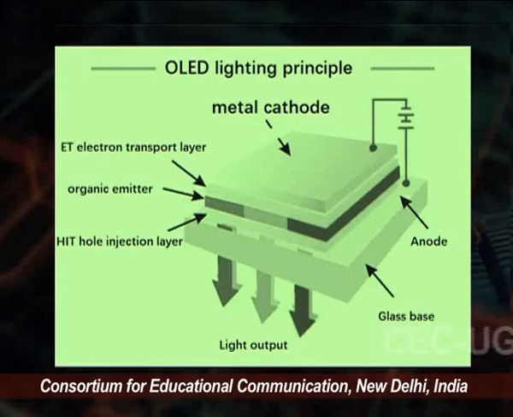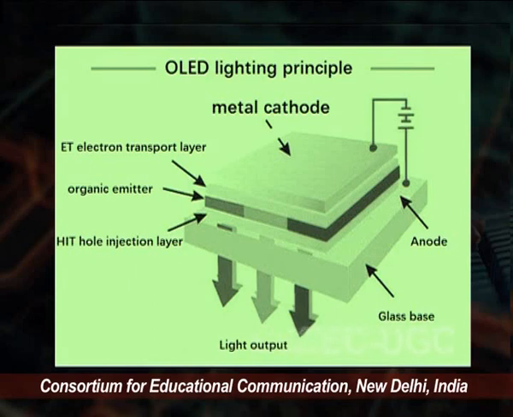Especially you see on the screen that here we have the OLED lighting process. The principle is here. You see on the screen we have a metal cathode, and also there is an anode. That means we have two organic emitting materials in between this cathode and anode.